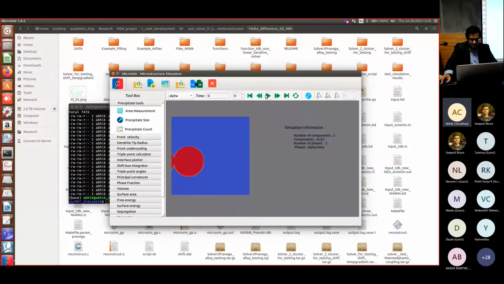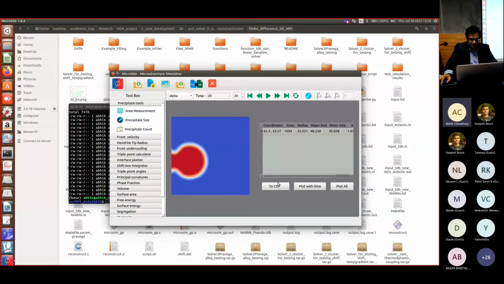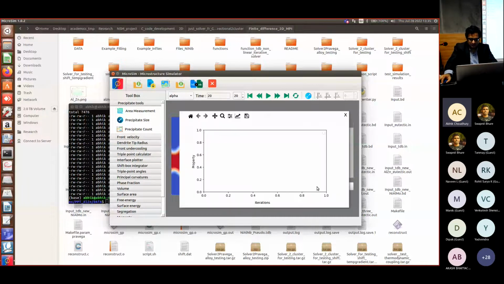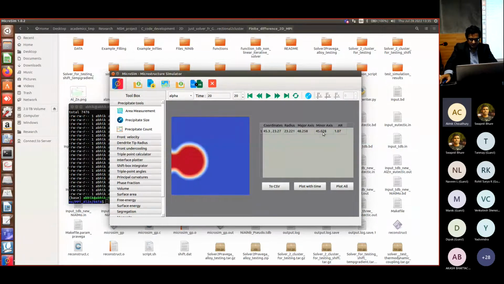You can check what happened to it, and it grows slowly. Well, it's a precipitation, and you can do several things. You can do area measurement, precipitate size, and you can plot with time, for example. Well, it's too small to plot. There's just one precipitate count here, so it doesn't make too much sense. But you can essentially calculate everything to do with precipitates in this particular part of the problem.